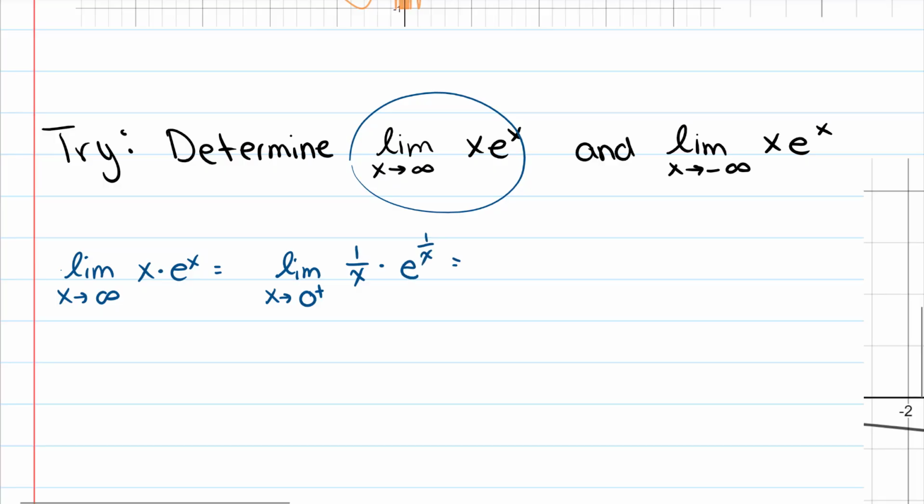The limit as x approaches negative infinity of x times e to the x is equal to the limit as x approaches 0 from the left of 1 over x times e to the 1 over x. What makes this really nice is that even if I don't know what this is, I can look at the graph and the behavior at 0. Looking at the behavior at infinity is much more difficult.